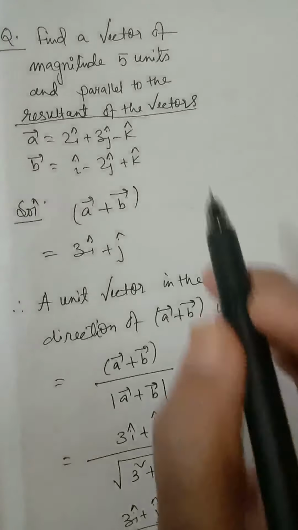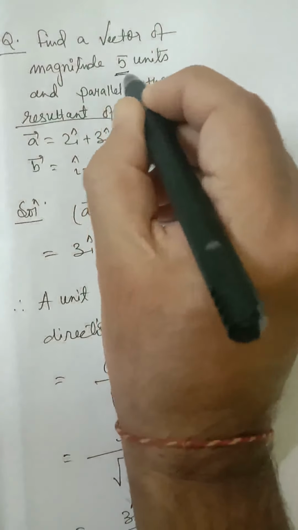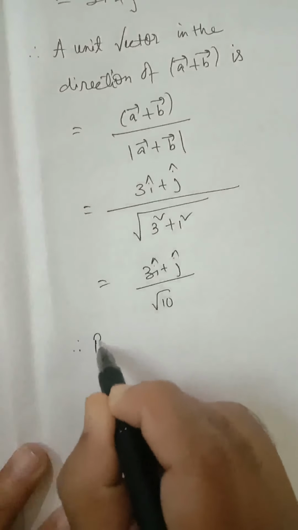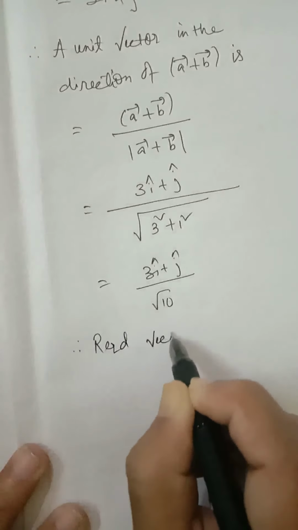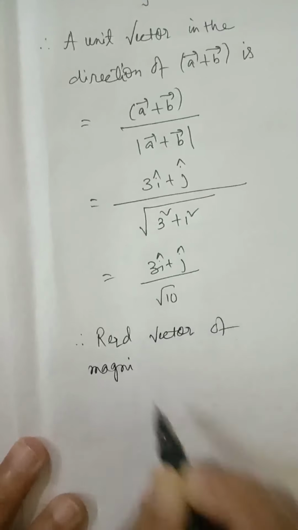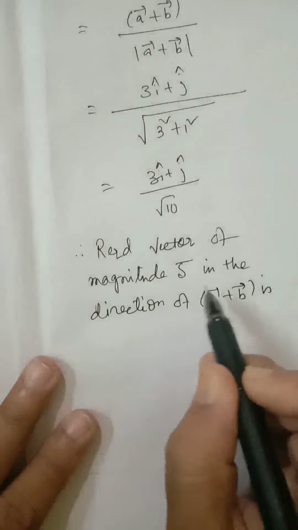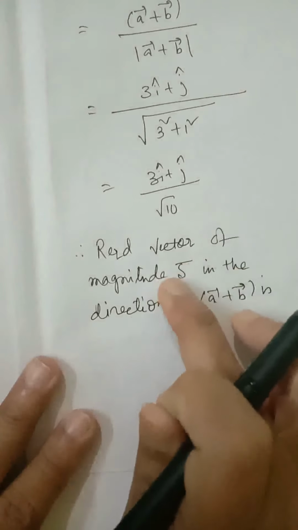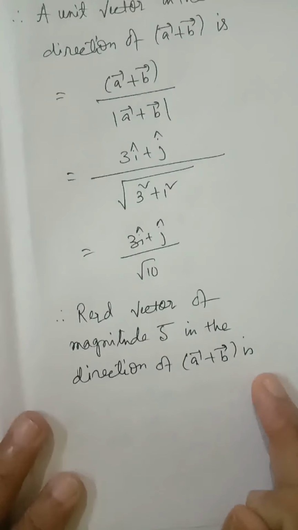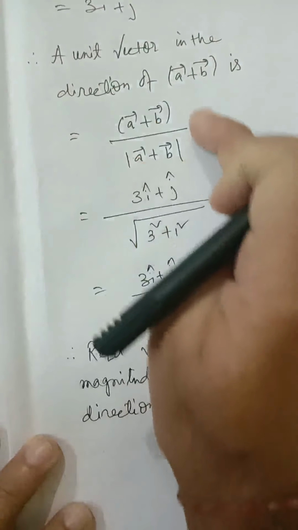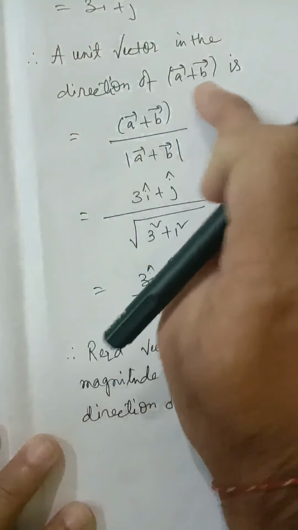But we have to find a vector of magnitude 5 units, not magnitude 1. Therefore, the required vector of magnitude 5 in the direction of a plus b: this is a unit vector, that is, a vector of magnitude 1 in the direction of a plus b.